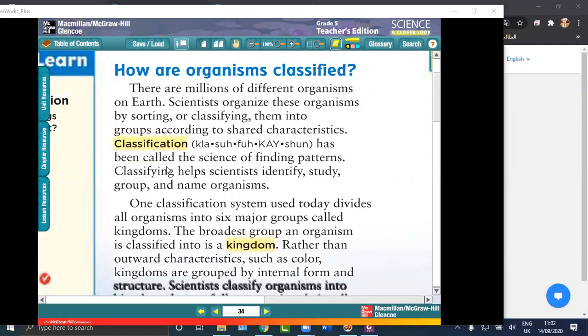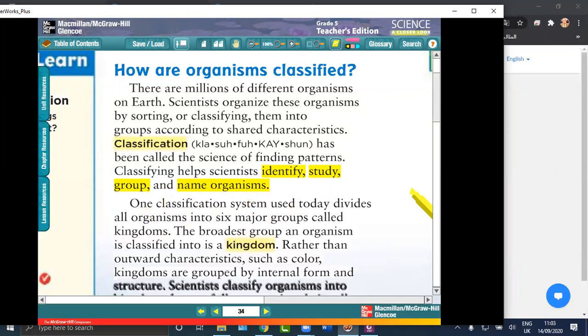Classification, finding patterns, classifying, helps scientists identify. Number one, identify, study groups and name organisms.